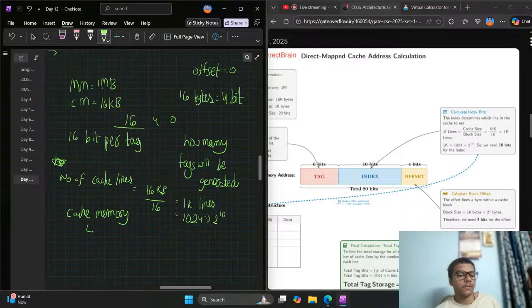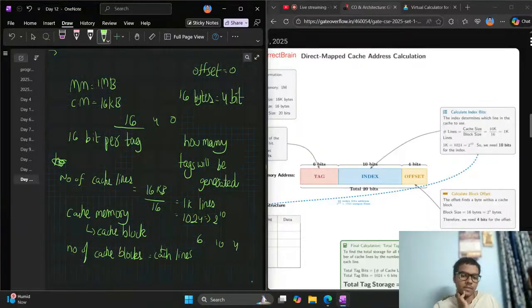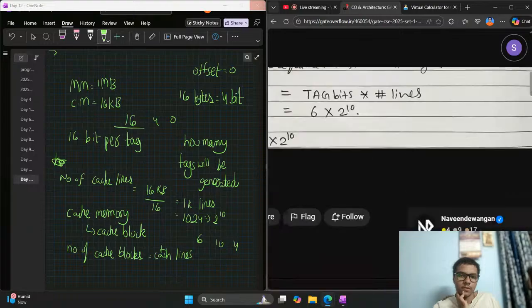Cache memory. Cache block. Number of cache blocks is equal to cache lines. Yeah, that's good. And 4. So 10 and 4, that is 14, and this is 6. So, what was asked?